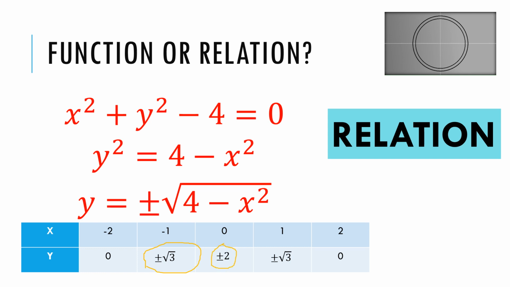Okay, merong positive square root of 3, may negative square root of 3, may positive 2 and negative 2. Dito naman sa 1, may positive square root of 3 and negative square root of 3. Again, function siya pag sa input, ang output niya is only 1. Pero dito, dalawa. So, this is not a function. So, ito ay relation.